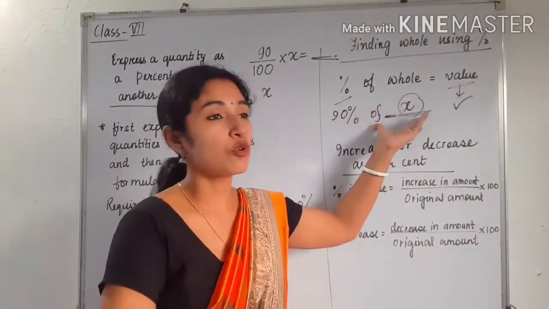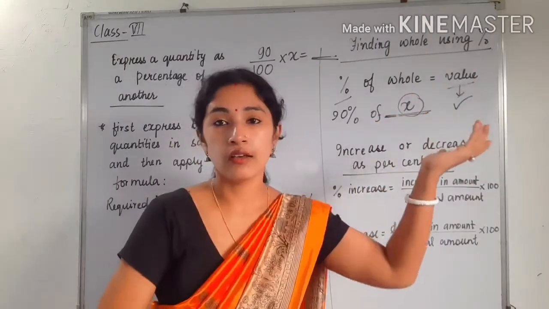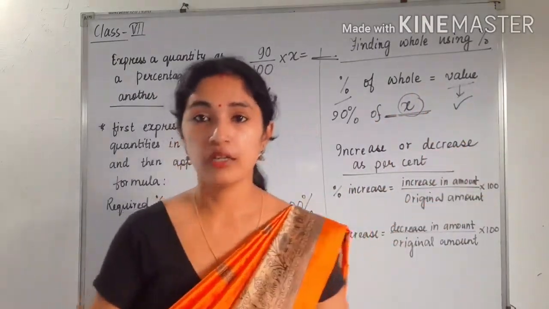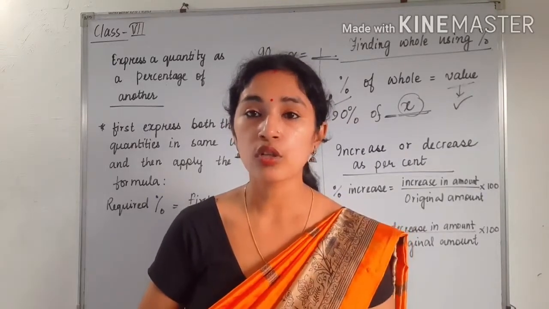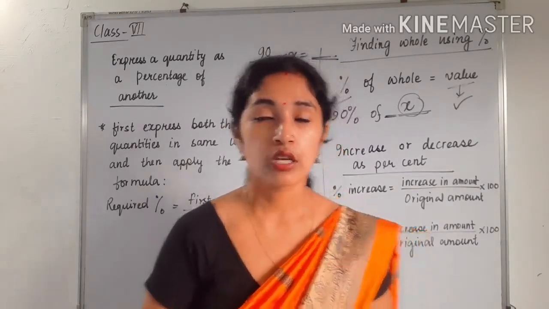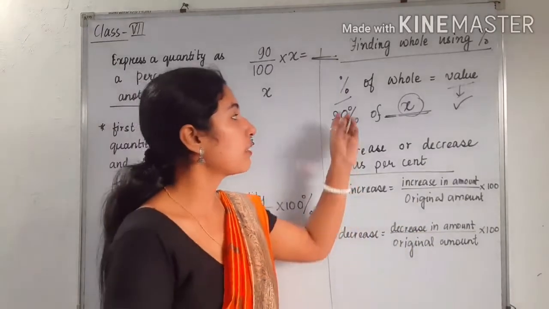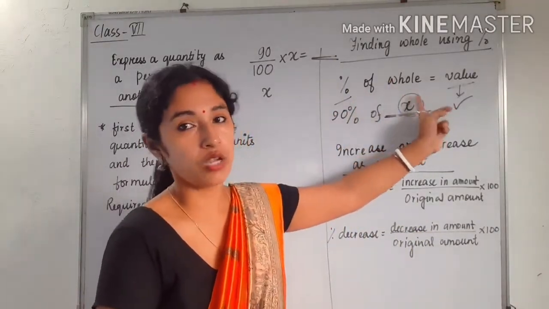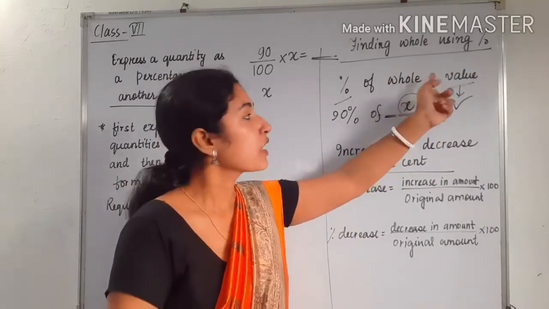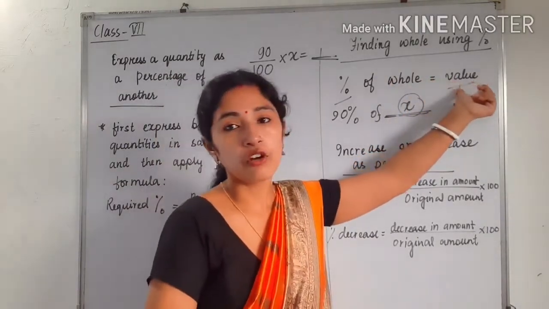So these types of questions may come in terms of marks obtained, or in terms of strength, the total strength of your class. Suppose the question comes like this: percentage of the total students, the total students being our whole, is equal to the number of girls.